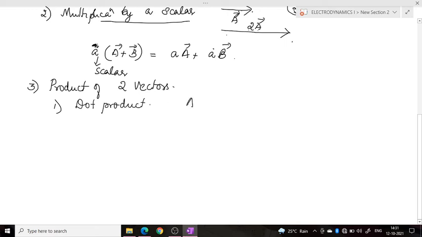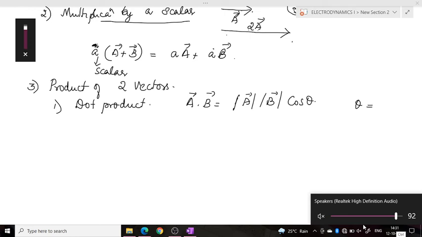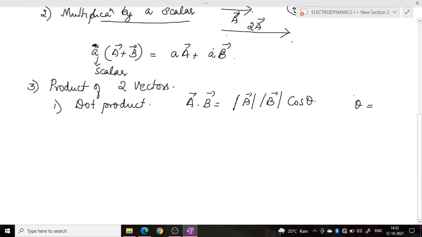The dot product is defined as A dot B is equal to magnitude of A into magnitude of B into cos theta, where theta is the angle between A and B. If this is vector A and this is vector B, the angle between them is theta.